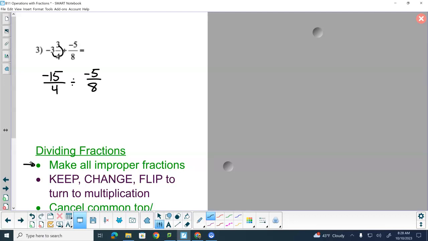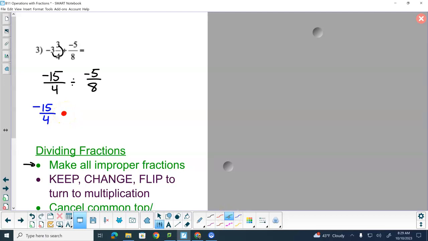Now, keep. What am I keeping? Negative 15 over 4 is my keep fraction. What's my change? The division, change division to multiplication. My bad. What's my flip?